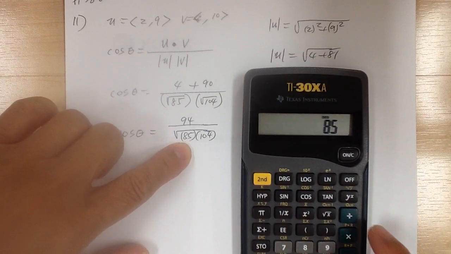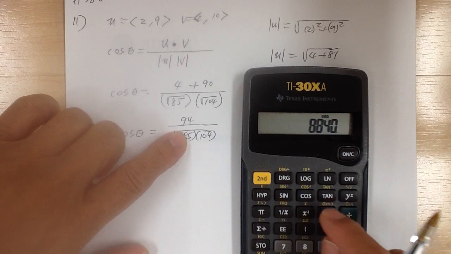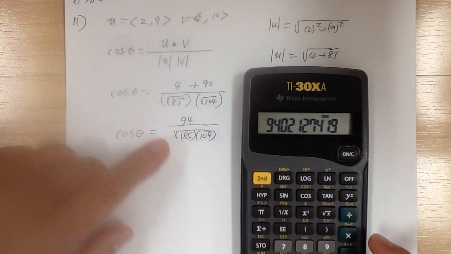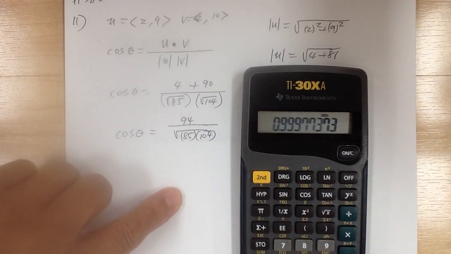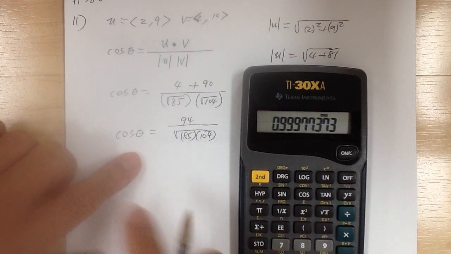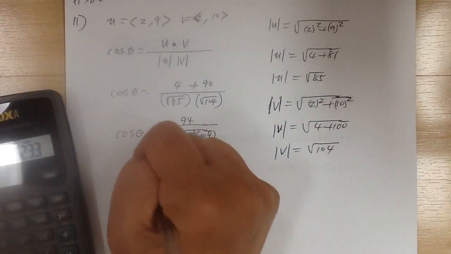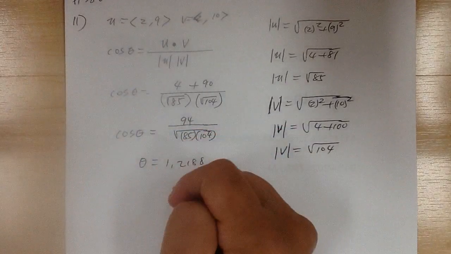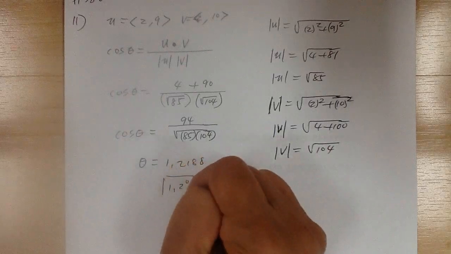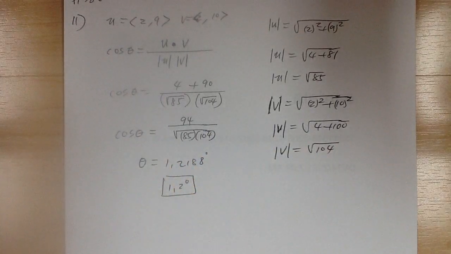So I do 85 times 104, equals, take the square root of that, and since this is the bottom, I'm going to flip it over to the top and multiply by 94, equals, and then I have to go second cosine of that. So theta equals 1.2188, and you want it to one decimal place, so it'll be 1.2 degrees. Okay, next one.